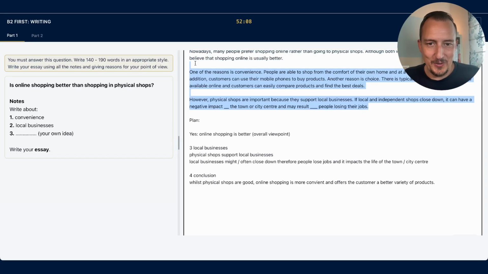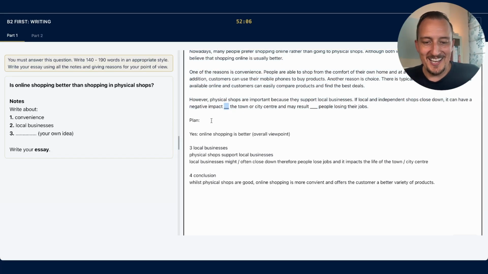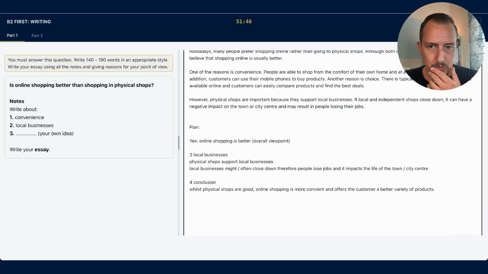Okay, that's looking good. Did you get the prepositions? Impact on something and may result in people. This is a really nice phrase, actually. May result in something, and in this case it's people, and then we've got the verb ing. So result in people losing their jobs. Okay, good. So that's good so far.